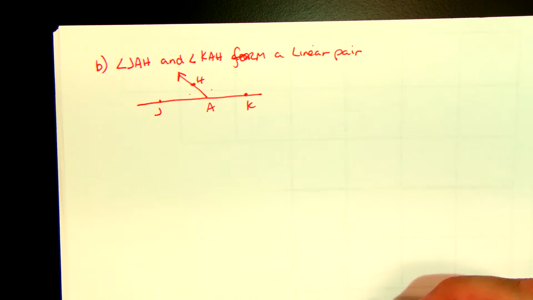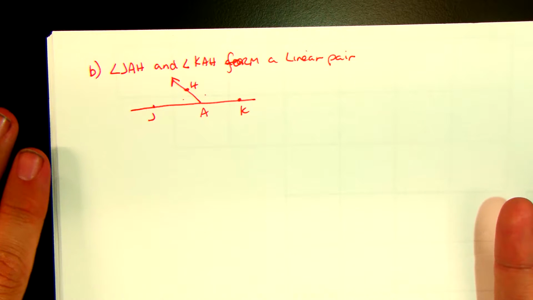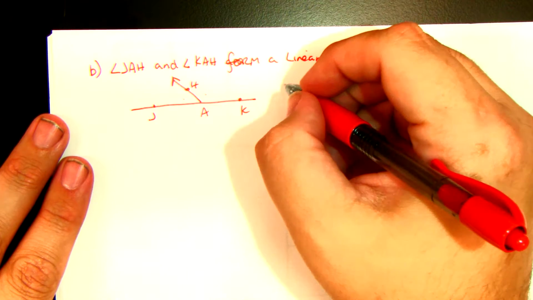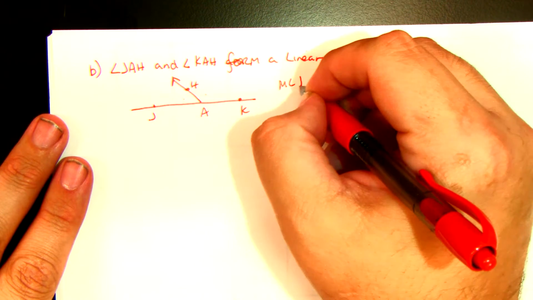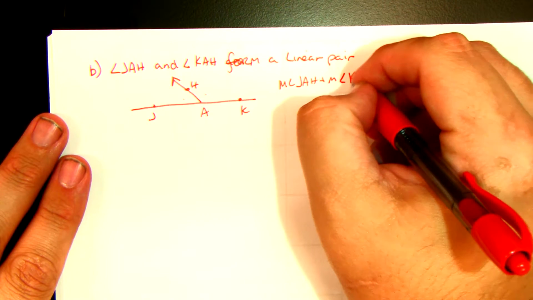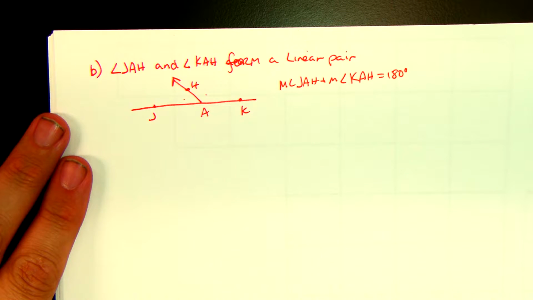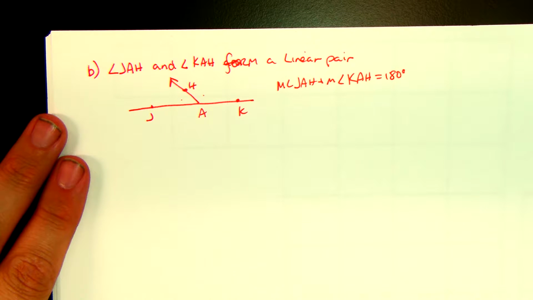What do you get? 180 degrees. So I can just say that the measure of angle JAH plus the measure of angle KAH is equal to 180 degrees, which is kind of the same thing as saying that they're supplementary. Because if angles are supplementary, linear pairs are supplementary.